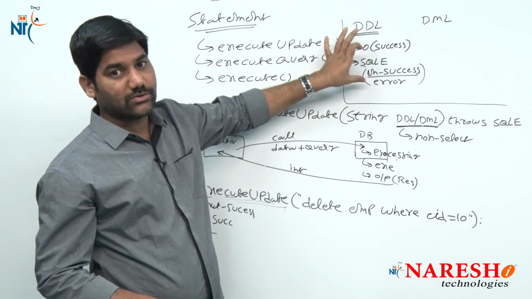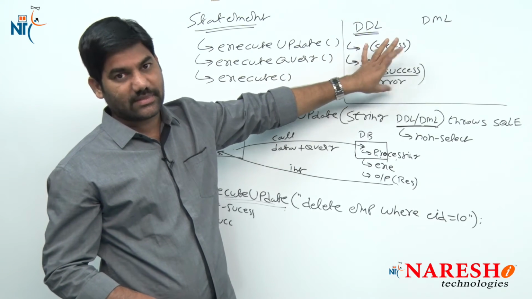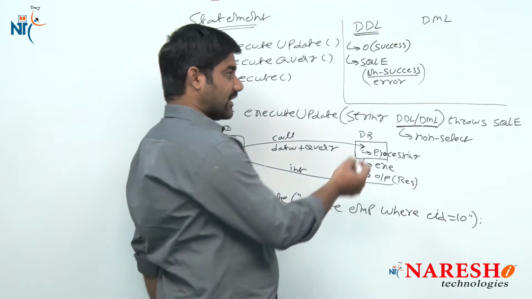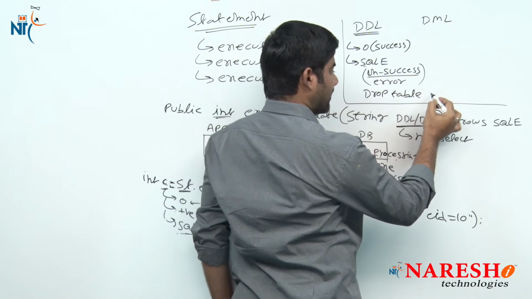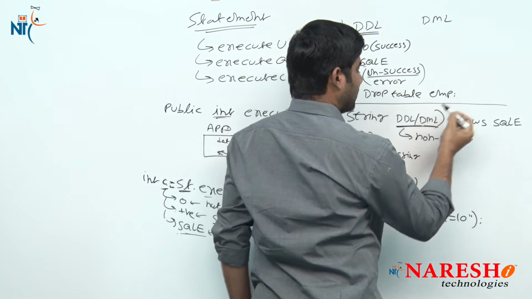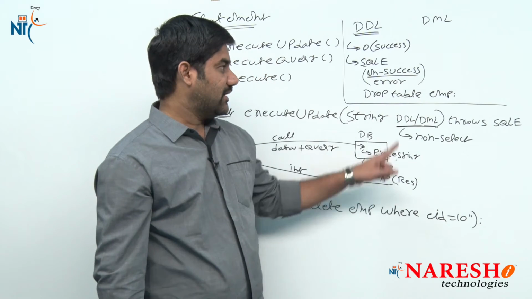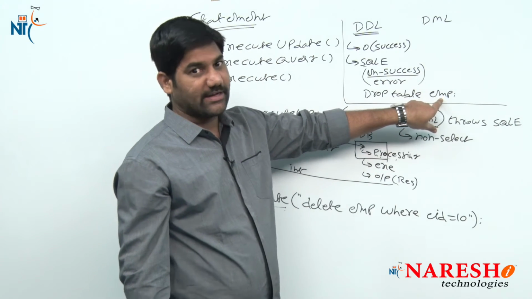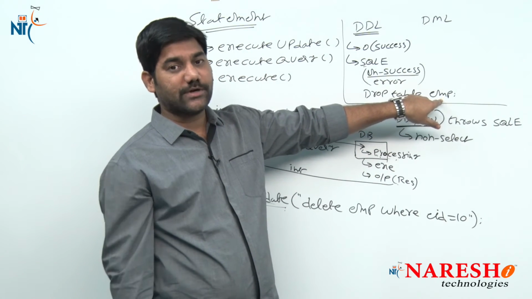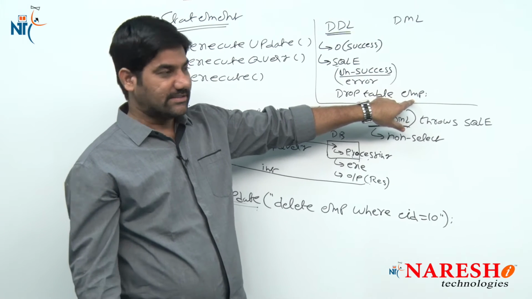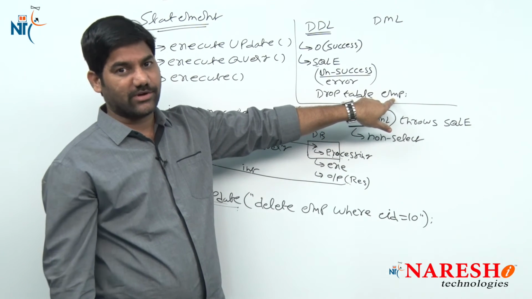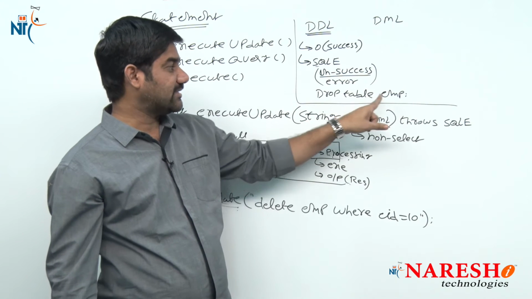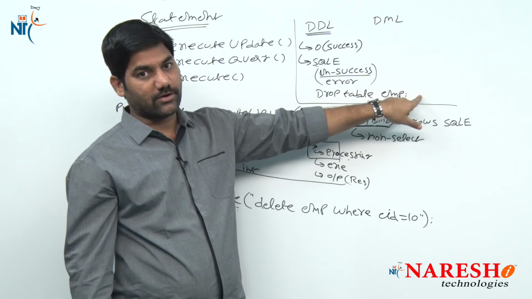In object level queries, no records are affected. An example: I am going to write a small query here, drop table EMP. What is the meaning of this, sir? I am trying to remove the employee table, but I am not trying to remove any employee data. Generally, whenever you destroy a table, records also go internally, but officially we are not designing the query for removing the employee records.